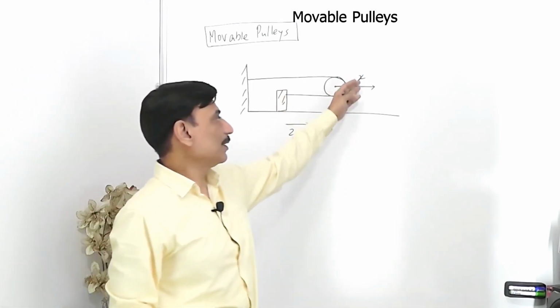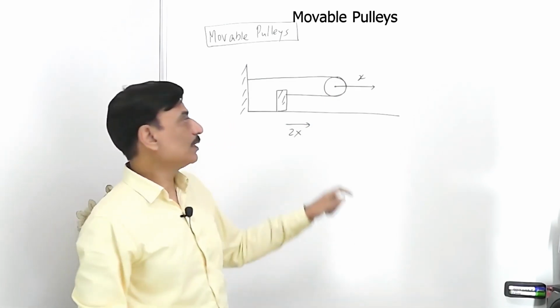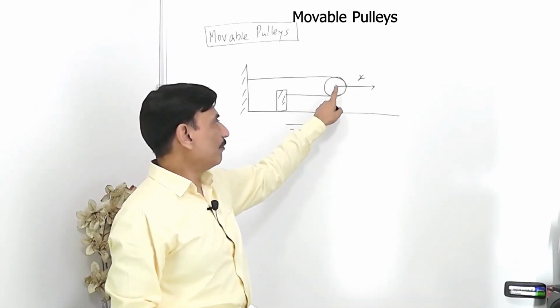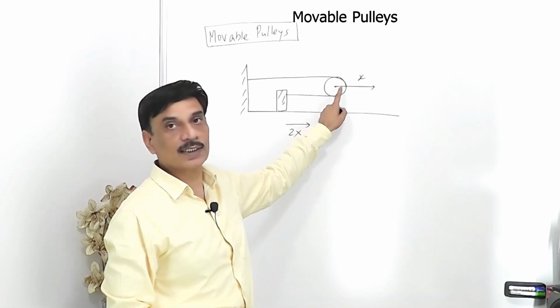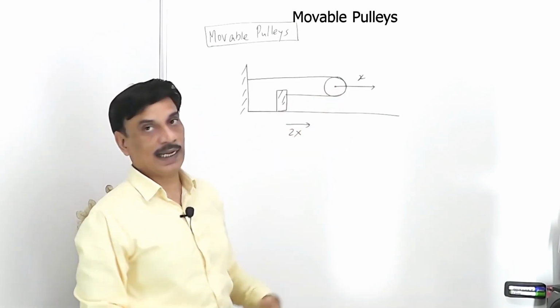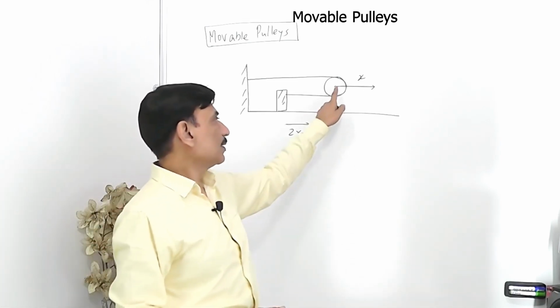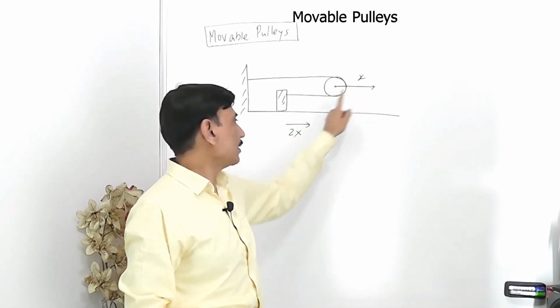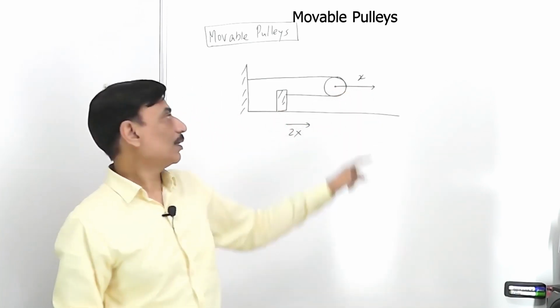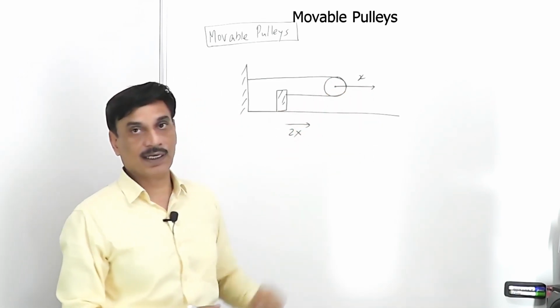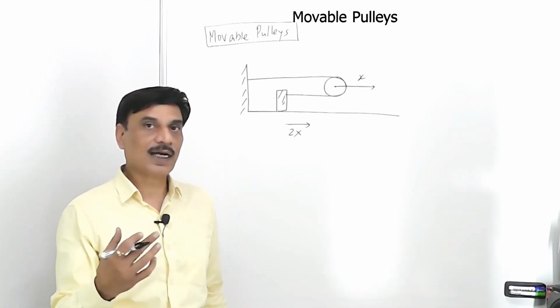If we differentiate, dx by dt, it means if at any time the velocity of this center is v, then this block will have double the velocity, and once again if we differentiate, it means if its acceleration is a, this block will have double the acceleration, that is 2a. Let's see how it happens.